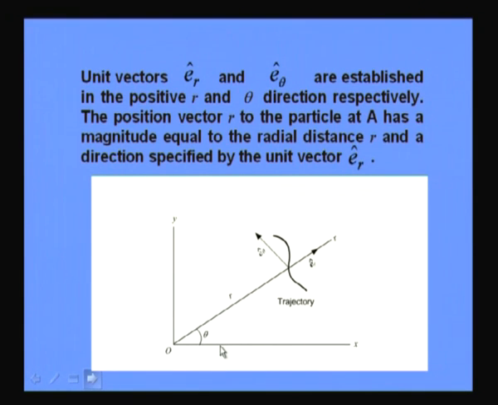The position vector r to the particle A has a magnitude equal to the radial distance r and a direction specified by the unit vector Er. So, although at this point we have two unit vectors Er and E theta, when we say the position vector of the particle, it is expressed only in terms of r: the position vector is equal to r times Er.